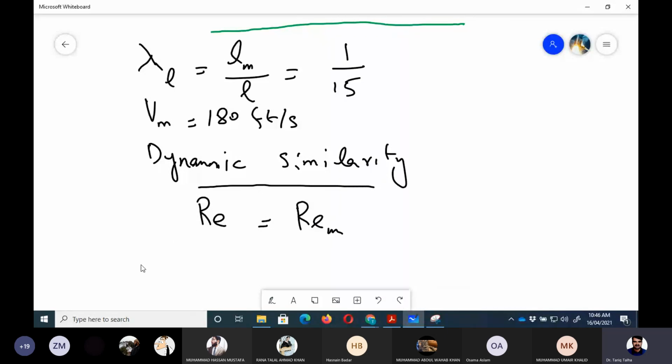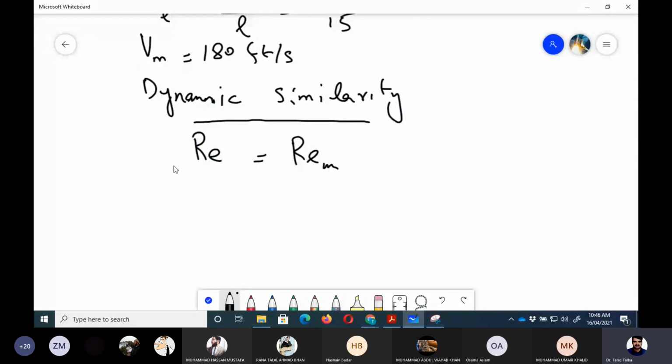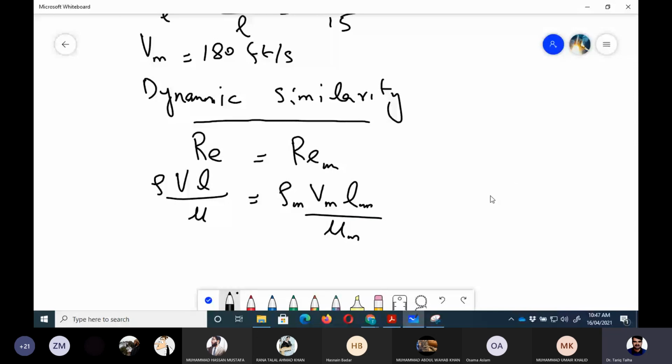We know that Reynolds number can be written as V into characteristic length, upon nu.